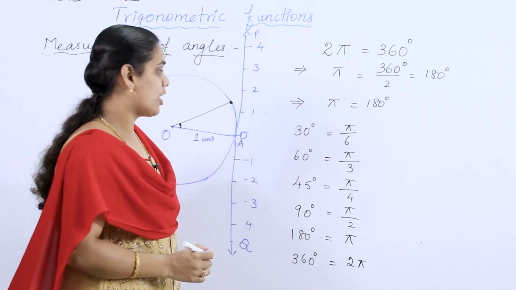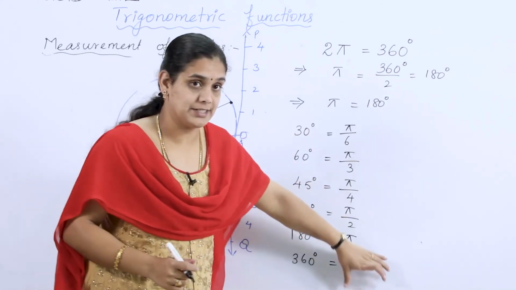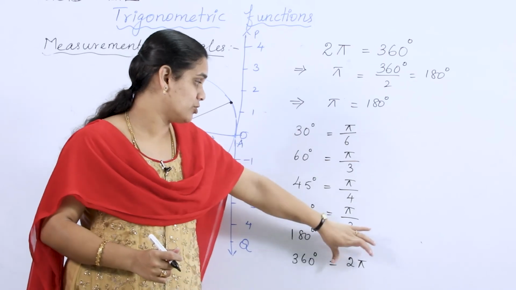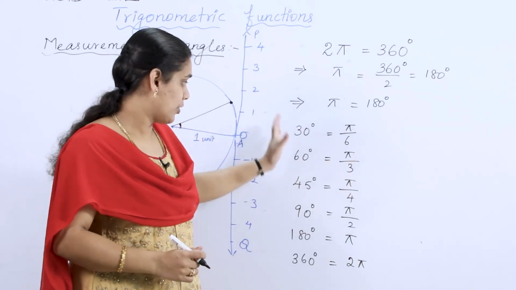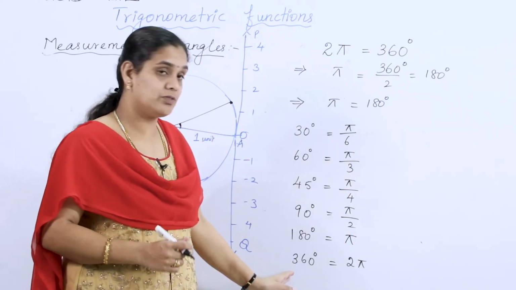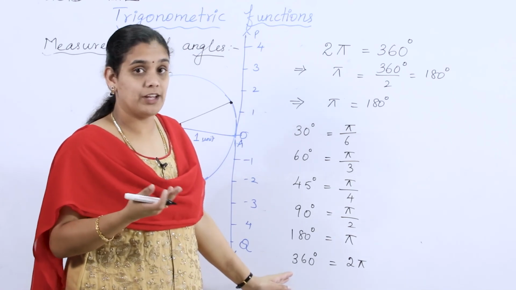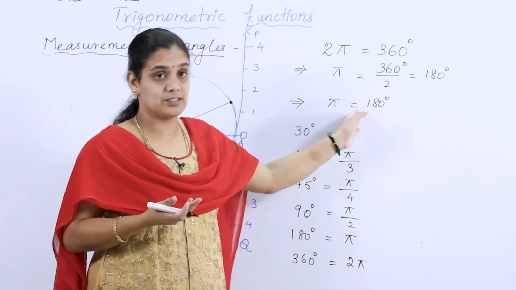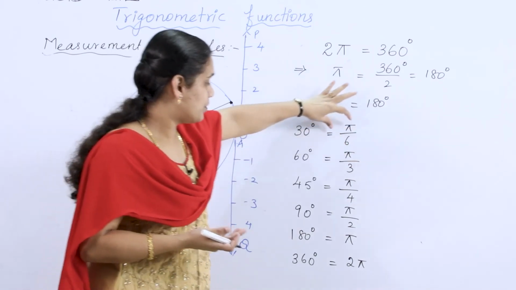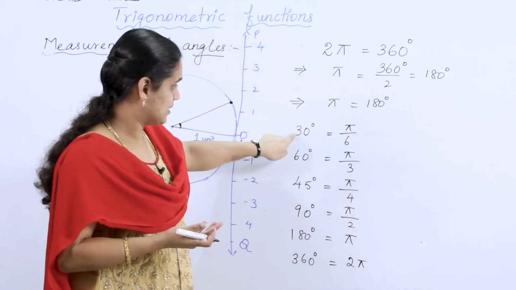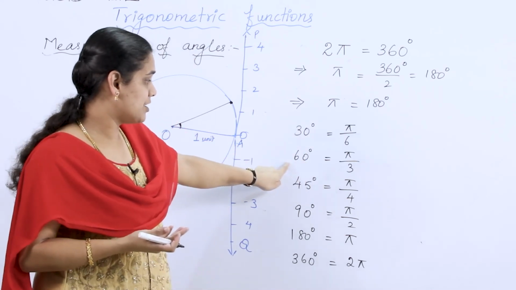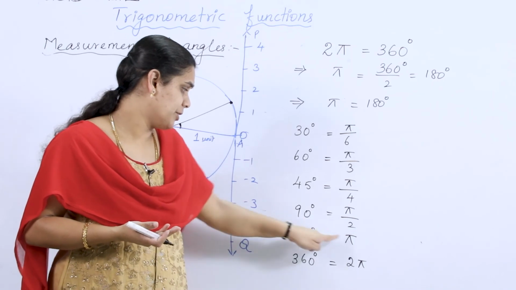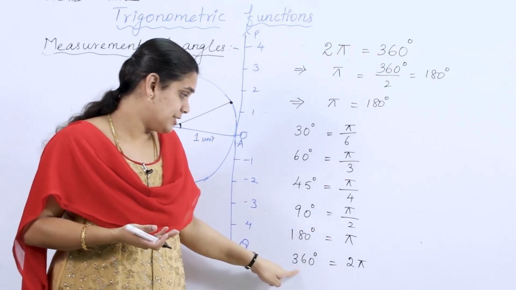Afterwards we are going to mention the angle only in radians. We are not going to use the degree measure, because radians extend to any angle, bigger angles. In degrees these become very big numbers like 2440, but in radian measure it is easy to simplify. So please remember: pi by 6 represents 30 degree, pi by 3 represents 60 degree, pi by 4 is 45 degree, pi by 2 is 90 degree, pi is 180 degree, 2 pi is 360 degree.